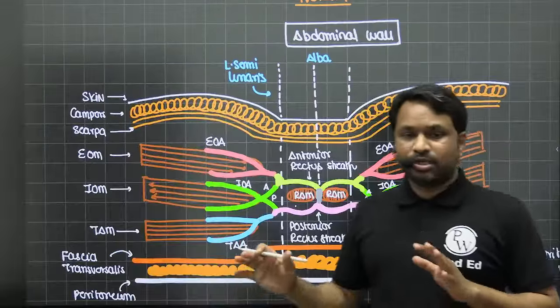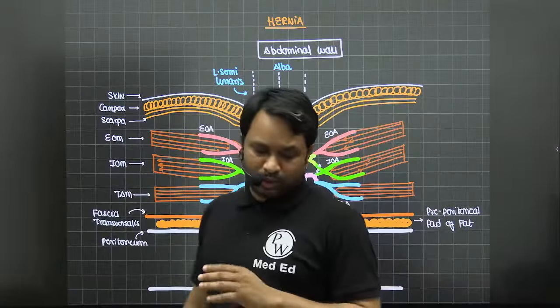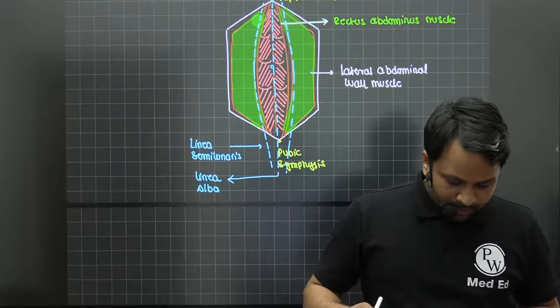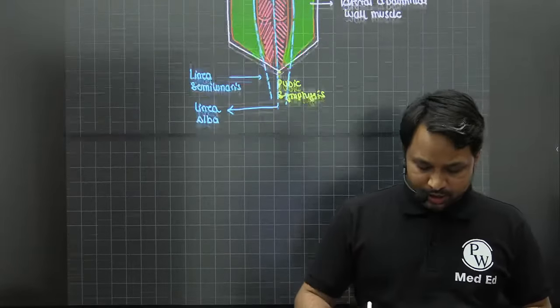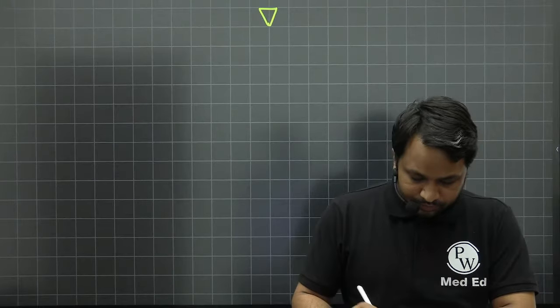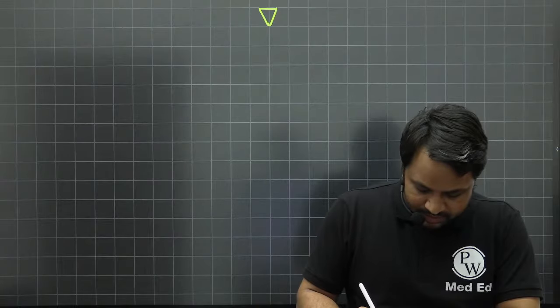So now you know what is linea alba and what is linea semilunaris. This clarity you need to have, right? Now once you have this, let's dig in a little bit more with respect to your posterior rectus sheath. There's a small variation in your posterior rectus sheath that you need to understand. Take this as a representation of the xiphisternum, and let's say this is the pubic symphysis.